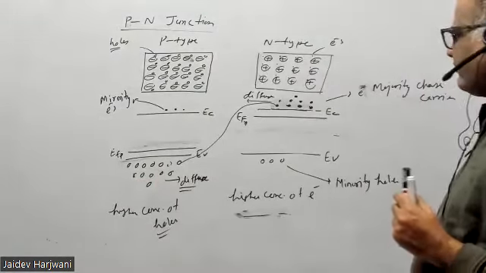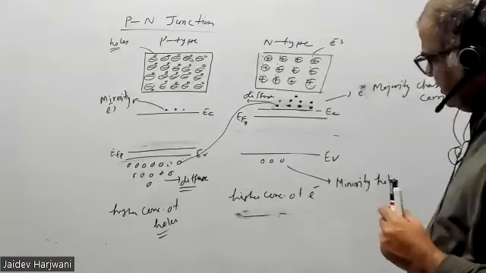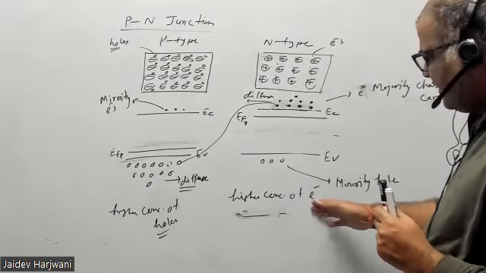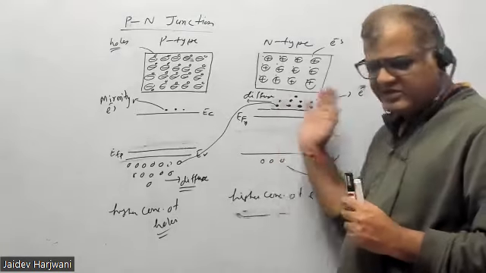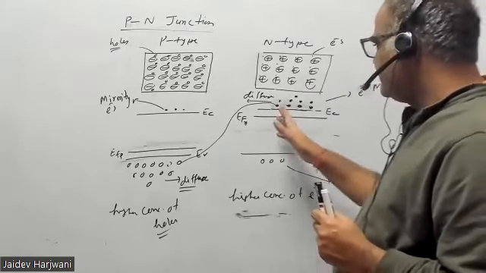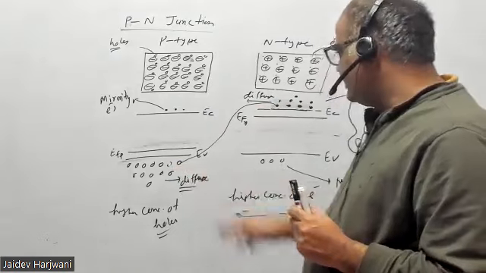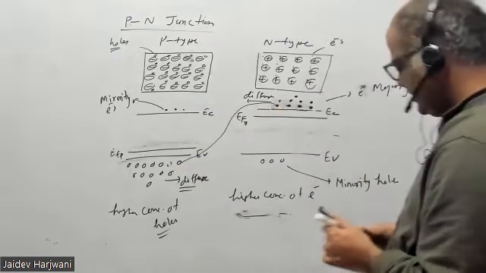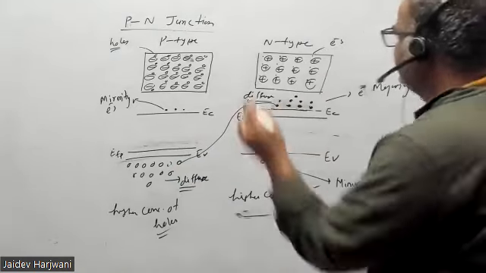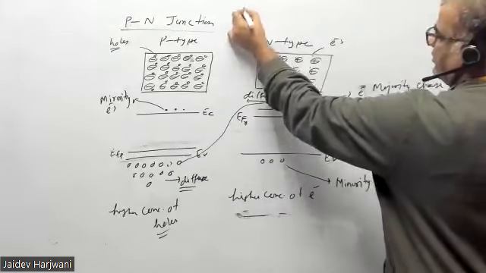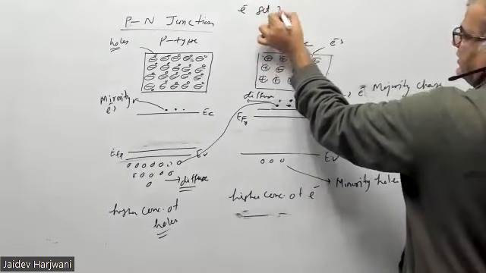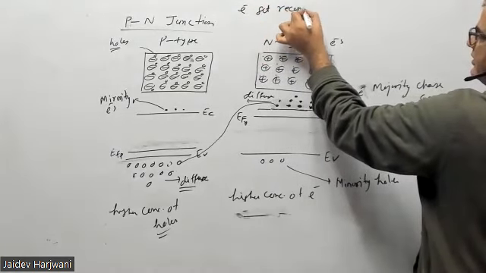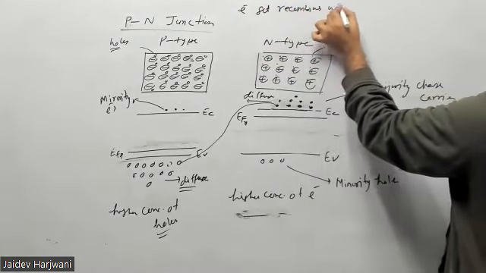So now what will happen? Because there is a high concentration of electrons, diffusion will take place. These electrons will recombine with holes. So when electrons recombine with these holes, you say diffusion takes place.